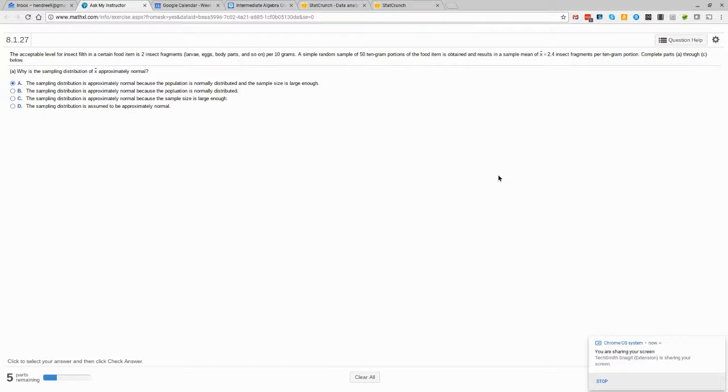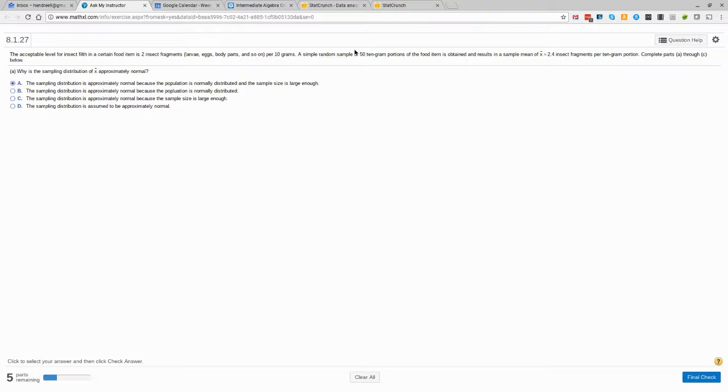Okay, so this is question 8 from section 8.1. In 8.1, we're starting to look at sampling distributions and their relationship to an underlying distribution that's being sampled from. So if you have a population and you keep pulling samples of the same size, here it's going to end up being 50. So I keep sampling 50 10-gram samples, right?